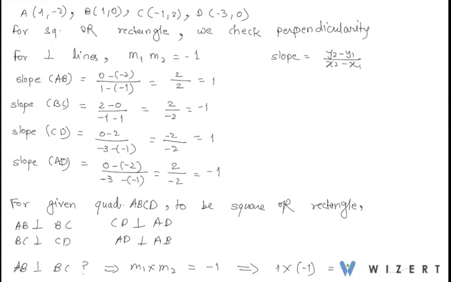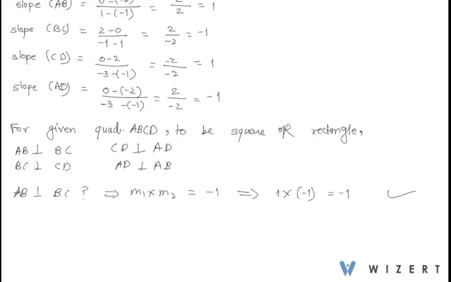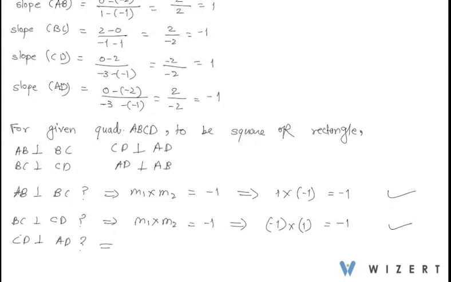So AB is perpendicular to BC. Similarly, let's find out the multiplication of all the other slopes. BC perpendicular to CD: M1 multiplied by M2 should be equal to -1, and here it is -1 into 1, which is -1. So BC is perpendicular to CD. CD perpendicular to AD: M1 M2 should be -1, and that is 1 into -1, and yes, it is -1.